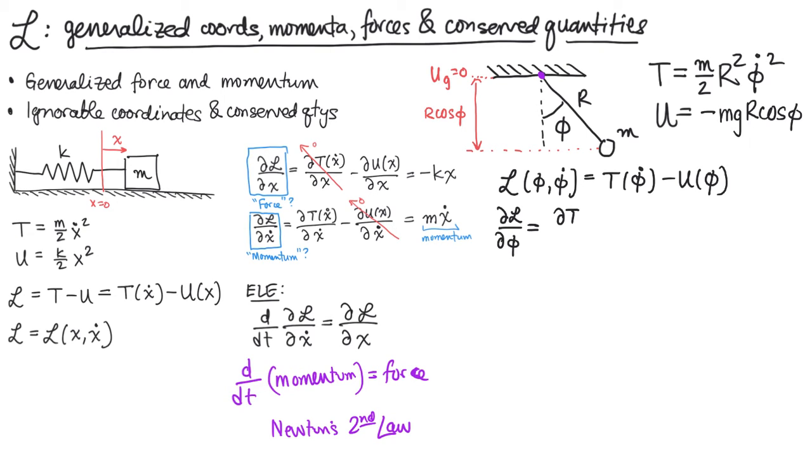That's partial T, partial phi, but that's 0 because T does not depend explicitly on phi, minus partial U, partial phi. The potential does depend on phi, so that second term is not 0. Okay. In this particular problem, if I take a derivative of mgr cosine phi with a minus sign, I get plus mgr sine of phi.